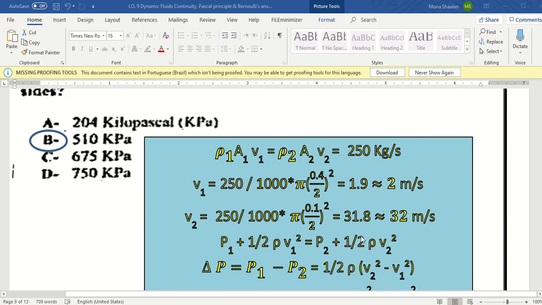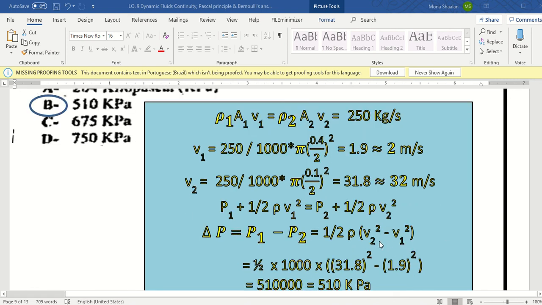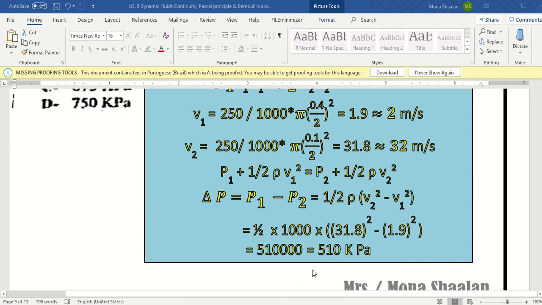Then get the value of the two velocities, and put the pressure difference of the higher pressure, which is the pressure of the input region, minus the pressure of the output, equal to half density times the difference of velocities squared. Okay, so we can get the value of the pressure difference easily.